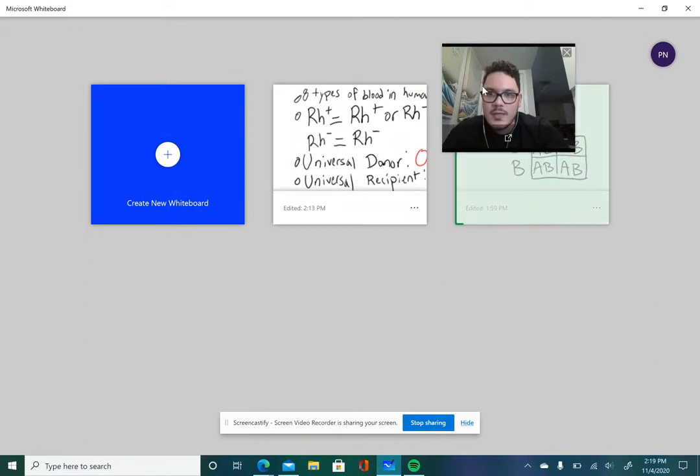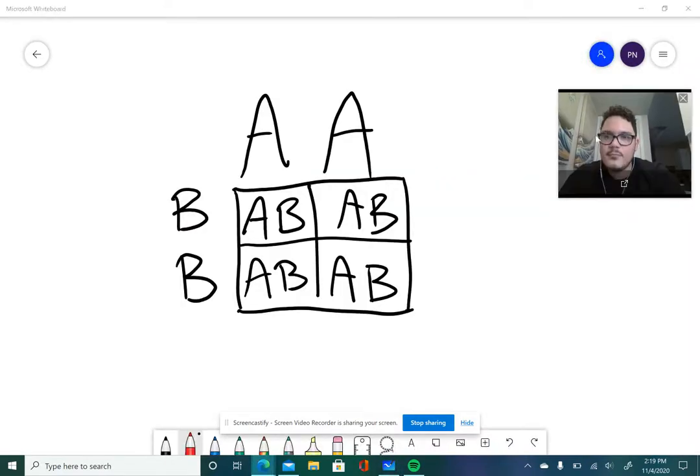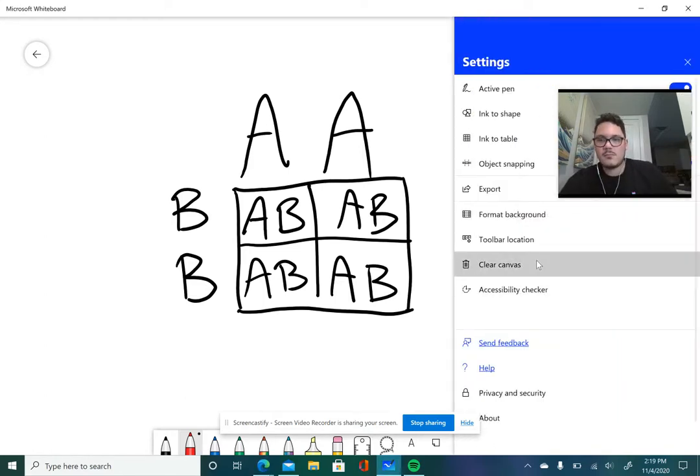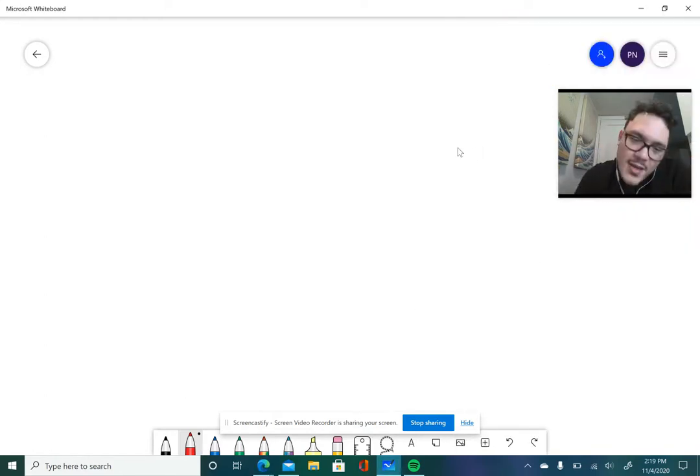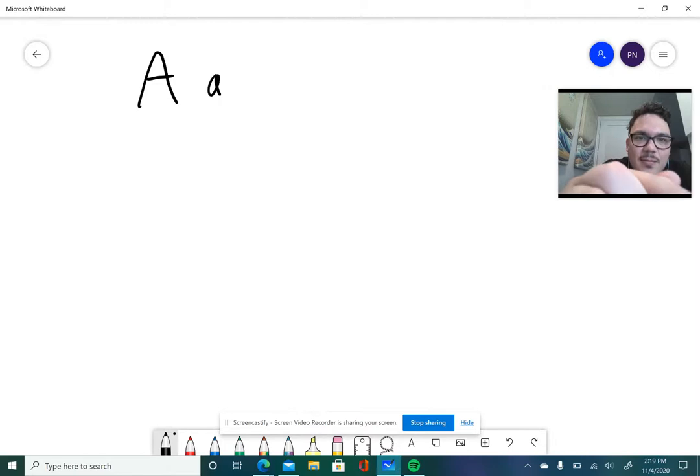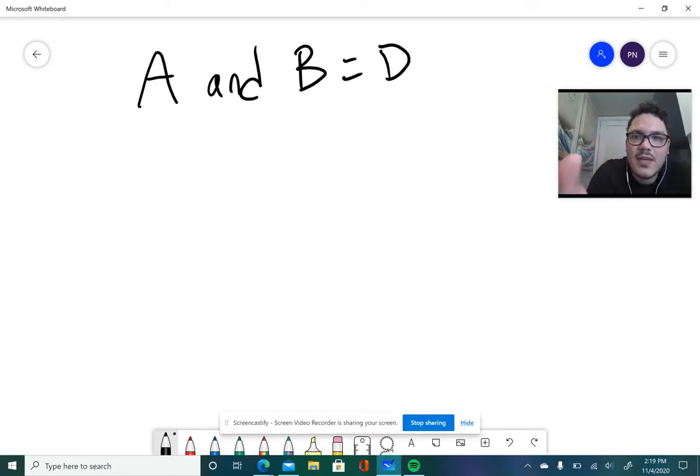I'm going to pull this up again. Okay, so let's clear this real quick. Regarding how a child could be born A or O if both parents are type A, it has to do with phenotype versus genotype, which we talked about already, and it has to do with dominant and recessive traits. It turns out that both A and B are considered dominant.